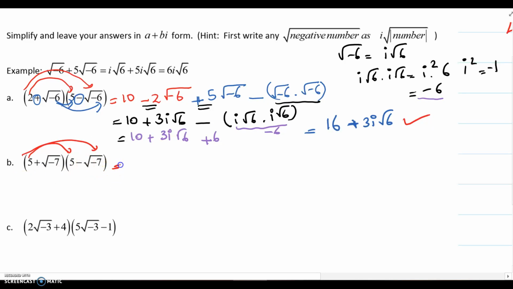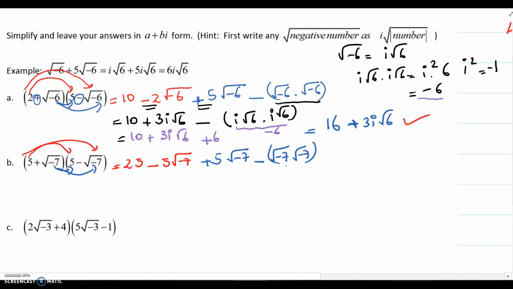So 5 times 5 is 25. 5 times negative square root of negative 7. All right, and then we're going to go this way. So plus 5 times square root of negative 7, and then plus negative square root of negative 7 times square root of negative 7.